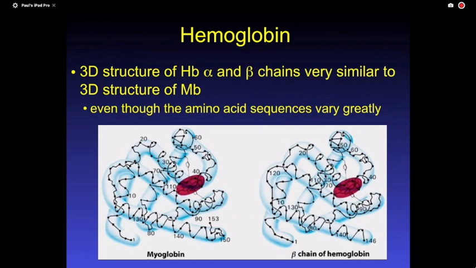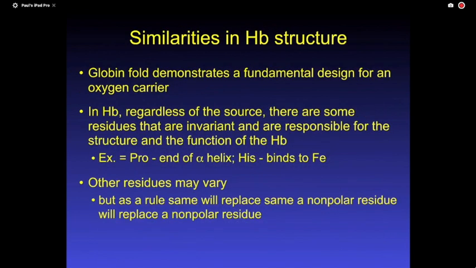There's myoglobin and there's the beta chain of hemoglobin. You can see, and you can actually count the 8 alpha helices in this better than you can in that animation about where they are. Now, here's where the similarities come in. Okay, this fold is called the globin fold. It's designed as an oxygen carrier, and there are a few residues that are the same in every single hemoglobin or myoglobin.